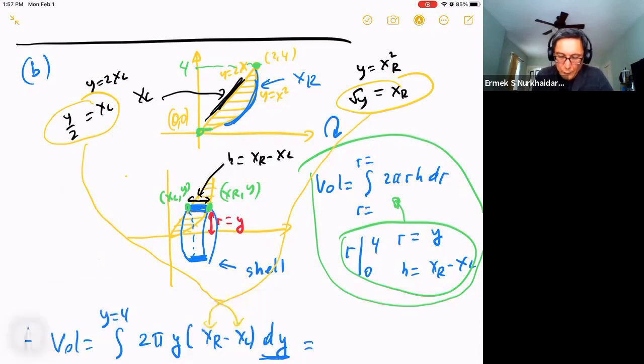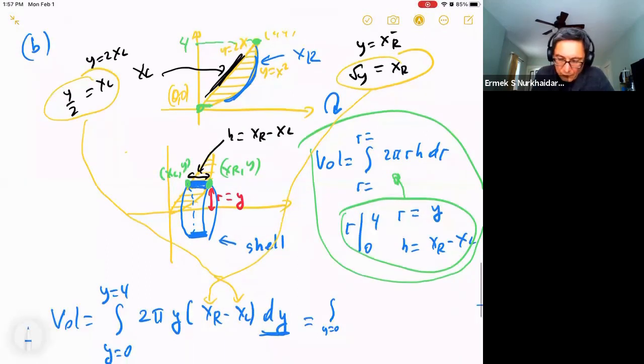If we do that, we're going to get the integral from y equals 0 to y equals 4 of 2 pi y times (square root of y minus y over 2) dy.